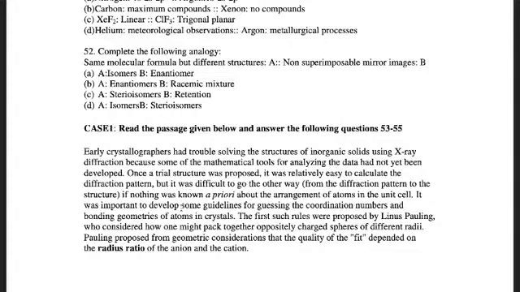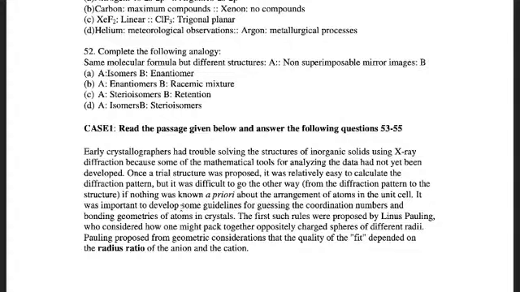Once a trial structure was proposed, it was relatively easy to calculate the diffraction pattern, but it was difficult to go the other way, from diffraction pattern to the structure. If nothing was known a priori about the arrangement of atoms in the unit cell, it was important to develop some guidelines for guessing the coordination number and bonding geometries of atoms in crystals.